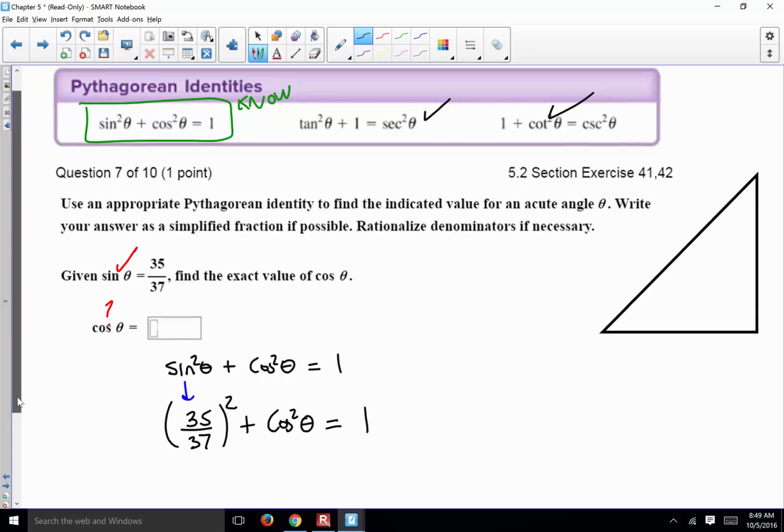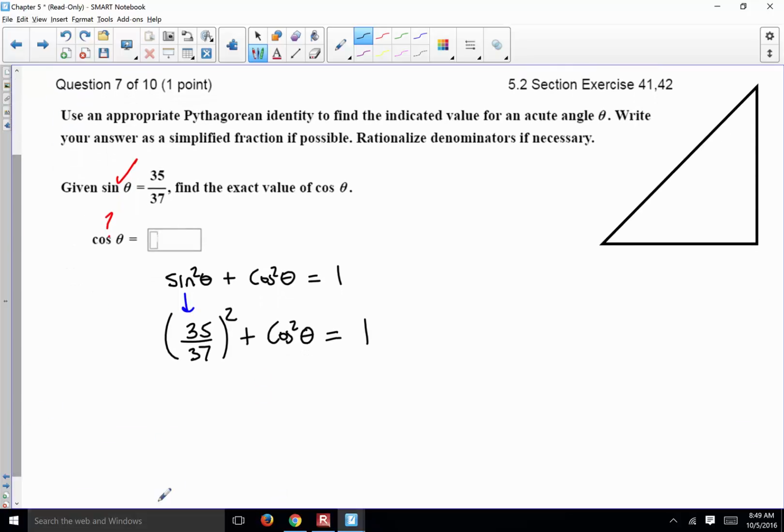Okay, next. To get cosine squared, I'm going to move this guy to the other side, which is going to bring us this. Can I distribute squares like this? Is it allowed? Can I pass the square in right above these guys? Yes, you can pass any power exponent into the numerator and denominator.